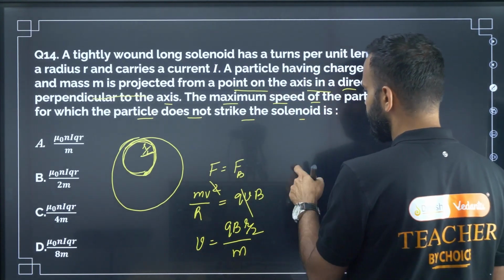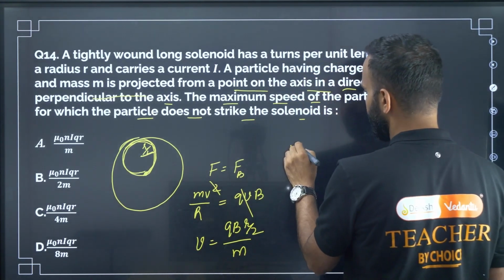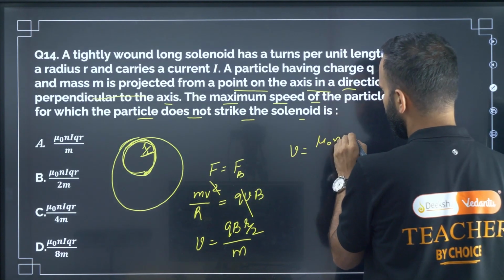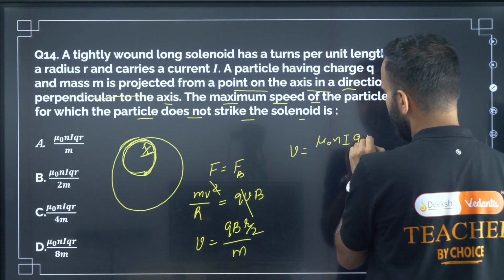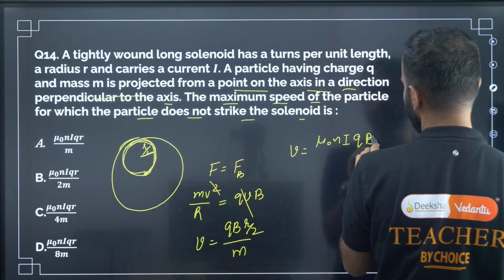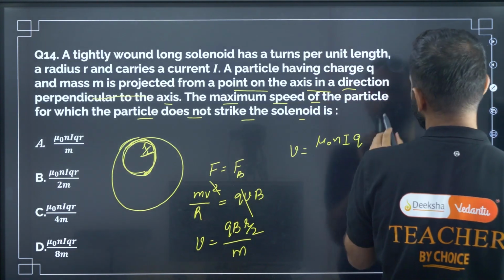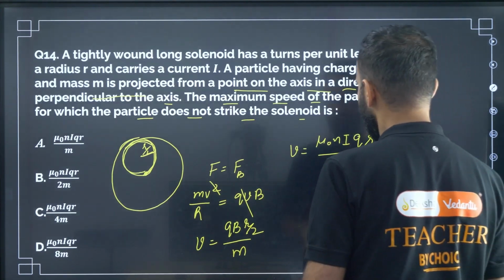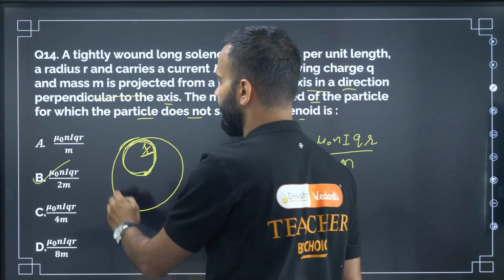Now B is mu naught into n into I. So v equals mu naught n I q r divided by 2 m. So the correct option is B.